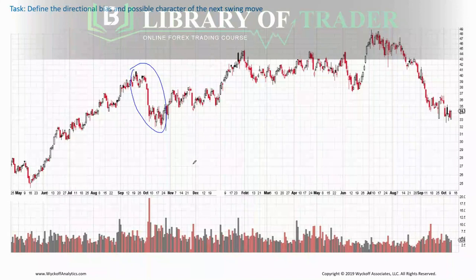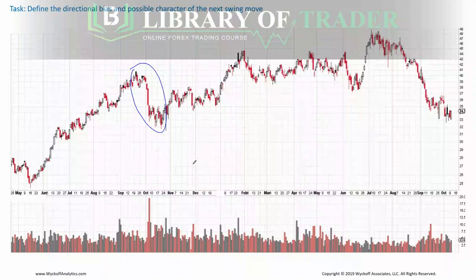Dmitry, I want to ask you a question in a slightly different way. Is this reaction a bullish-like reaction or a bearish reaction? Meaning, is this just a reaction in the uptrend, or is this a reaction that is developing downtrend characteristics?